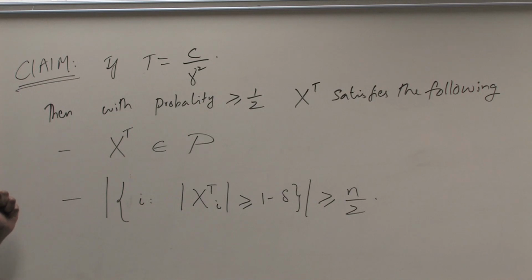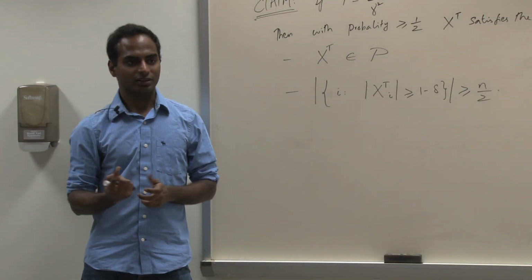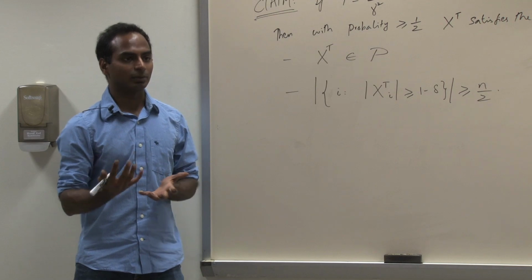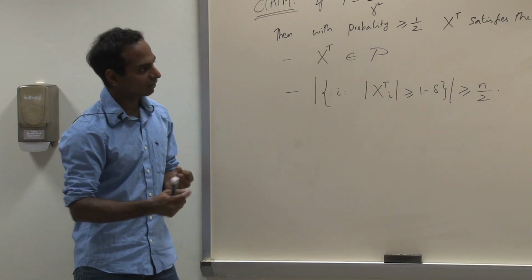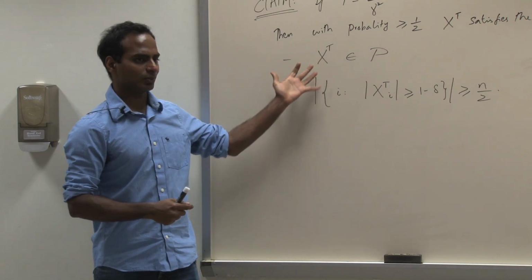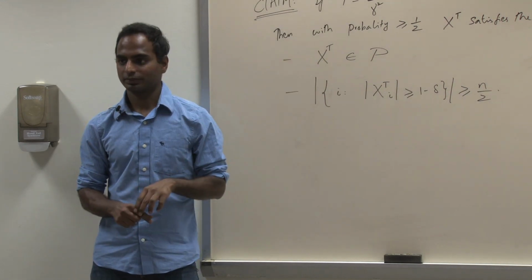These are the two main conditions, and we're claiming this happens with probability at least a half. In particular, there exists one such xt, which is what we want to show for the partial coloring lemma. This algorithm proves there exists one because it is finding one.